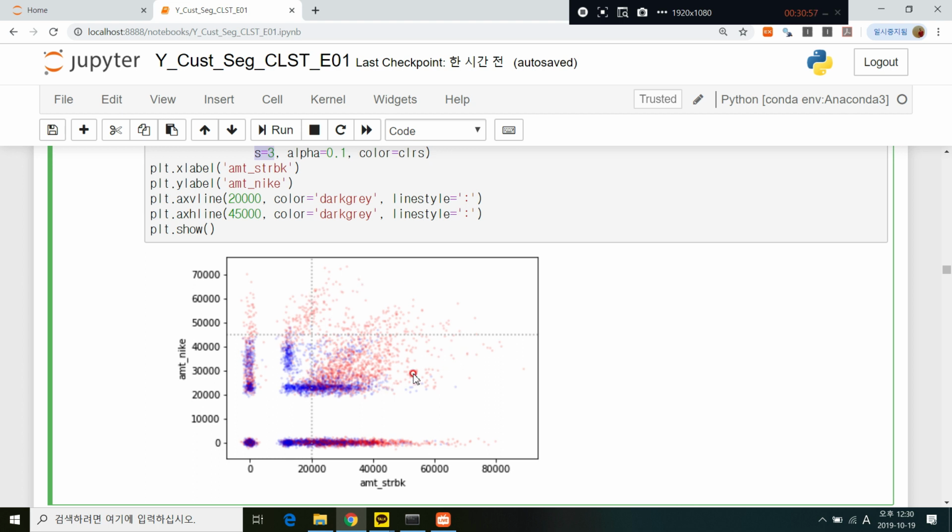But the color shows that spending in both dimensions is desirable. Here, the red ones are here.